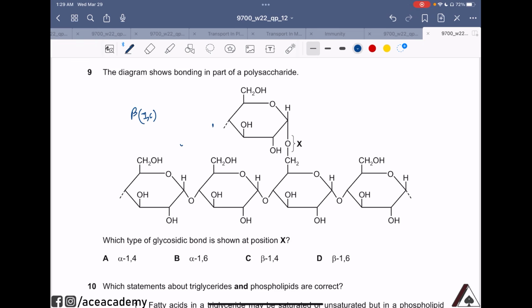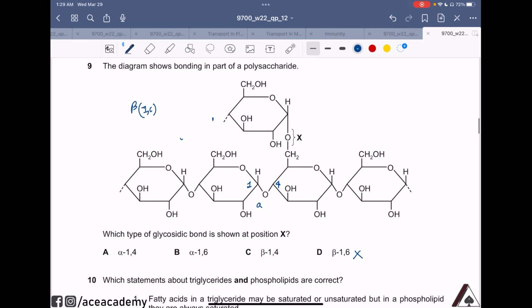So beta 1,6 can be crossed out, and this is carbon number 4, this is carbon number 1. So this is basically alpha 1,6 glucose. And over here, this is carbon number 5, 6, and then this is carbon number 1. This is alpha 1,6 linkage.